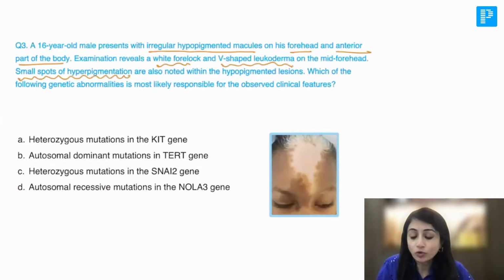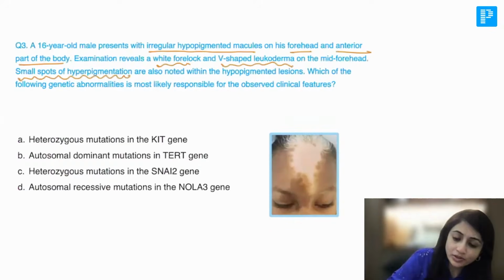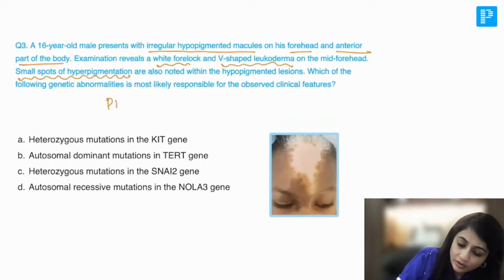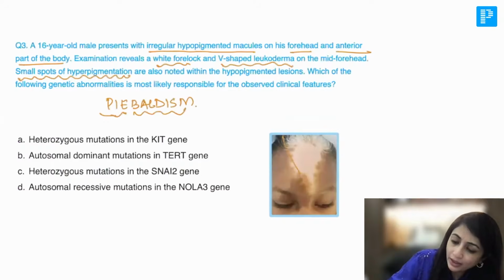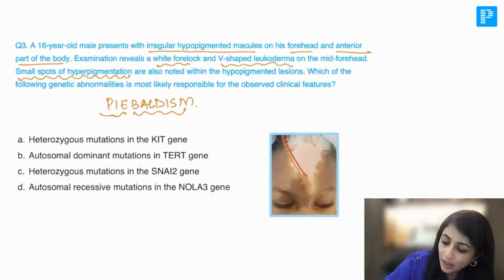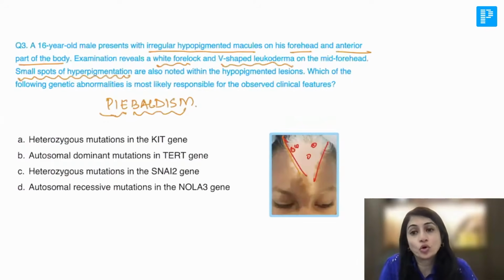With genetic abnormality, this is piebaldism. You see depigmented lesions with islets of pigmentation with white forelock of hair. That is the triad of piebaldism.